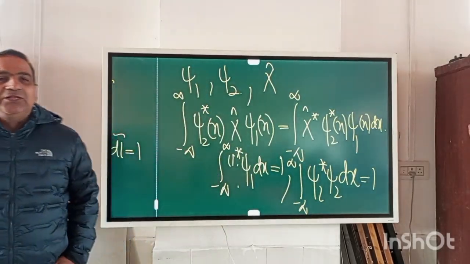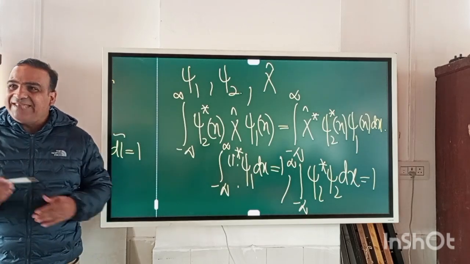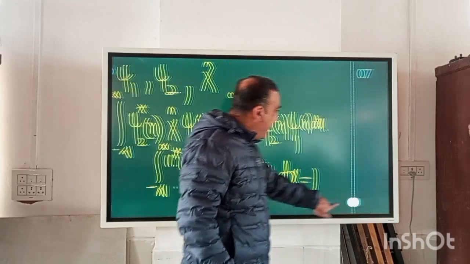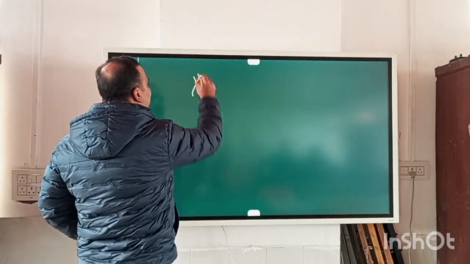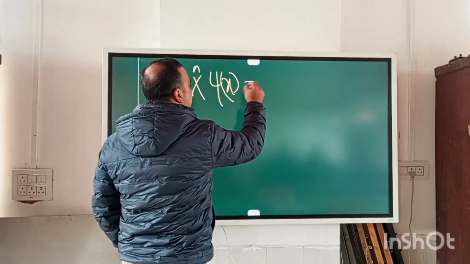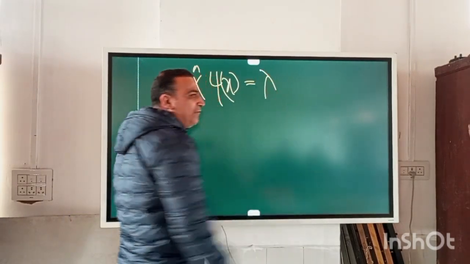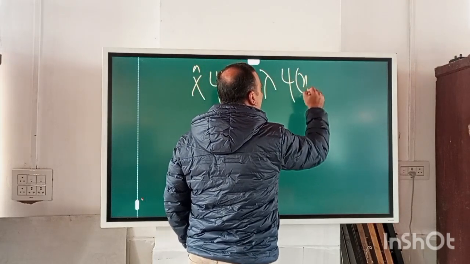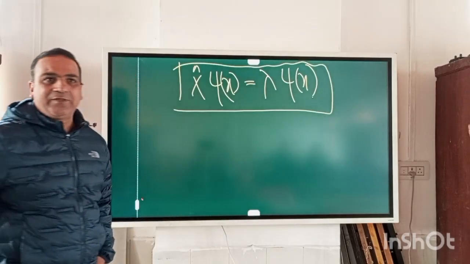Yes. So the next thing that we have to discuss is that I have an energy eigenvalue equation. What is that? You have an operator acting on the wave function, and if we obtain lambda, a real value, and we obtain the same wave function, then this is my energy eigenvalue equation.